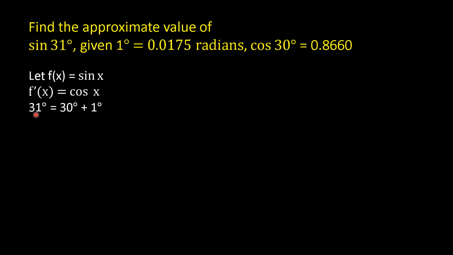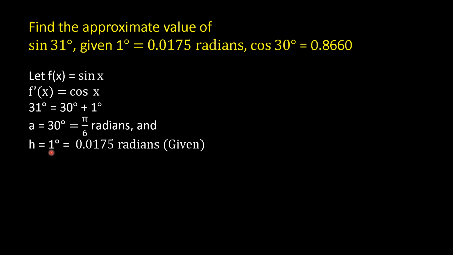We will write 31 degrees as 30 degrees plus 1 degree, so that we can write a equals 30 degrees, which will be pi by 6 radians, and h as 1 degree, which is given to be 0.0175 radians.